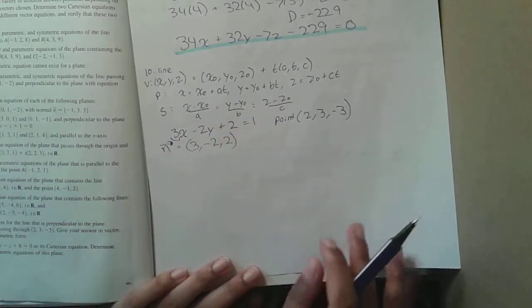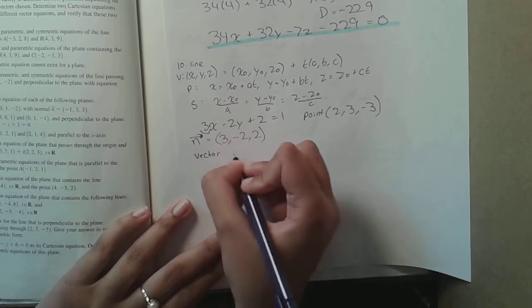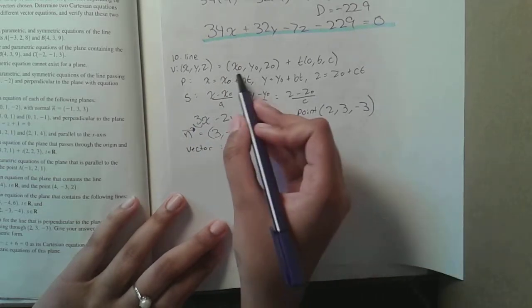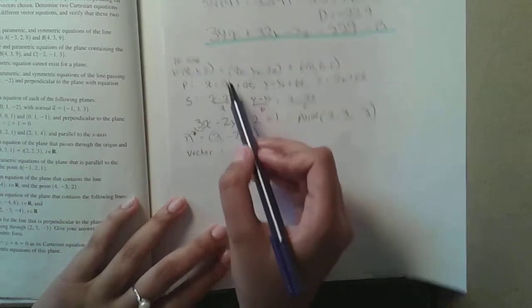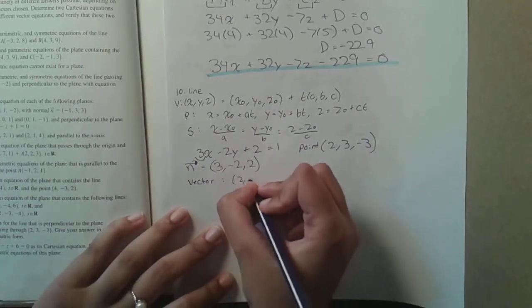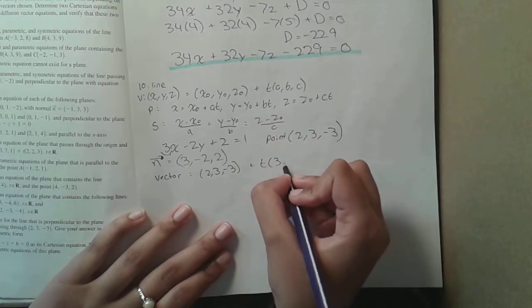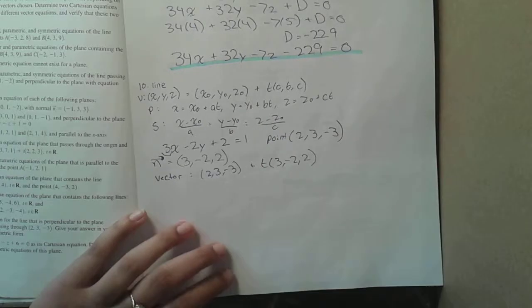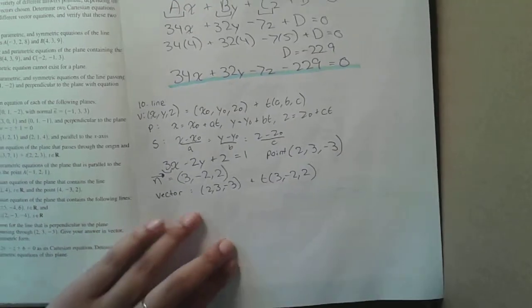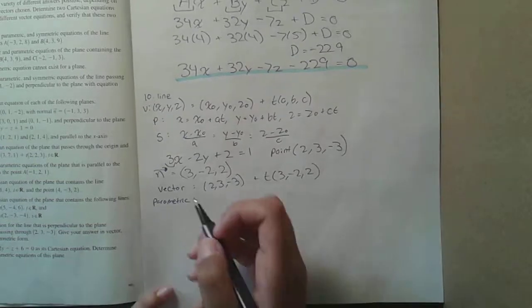So to start off, for the vector equation, we substitute the point into the original vector form. So we substitute the point plus t and the normal. That's the vector equation. Now we need to find the parametric equation.